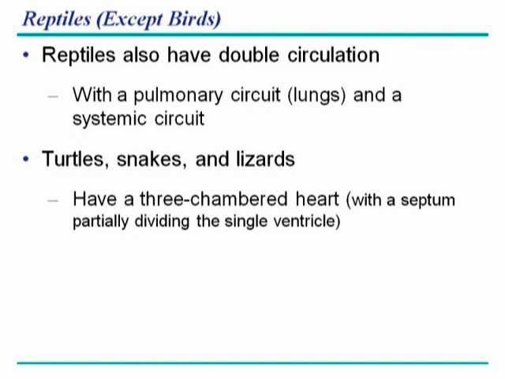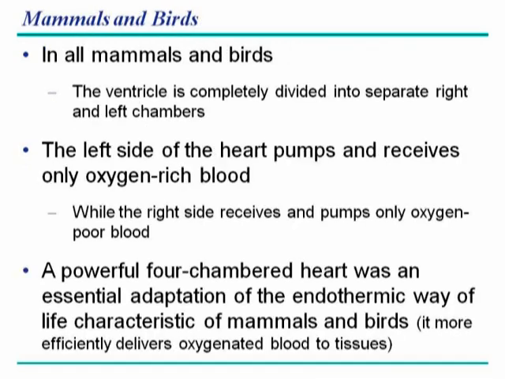Turtles, snakes, and lizards have a three-chambered heart with a septum partially dividing the single ventricle. Okay, and mammals and birds. In mammals and birds, the ventricle is completely divided into separate right and left chambers, separate throughout right and left.